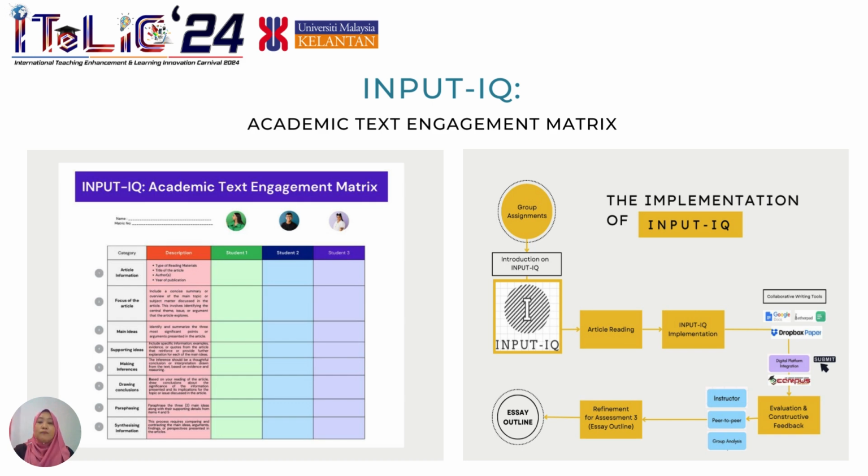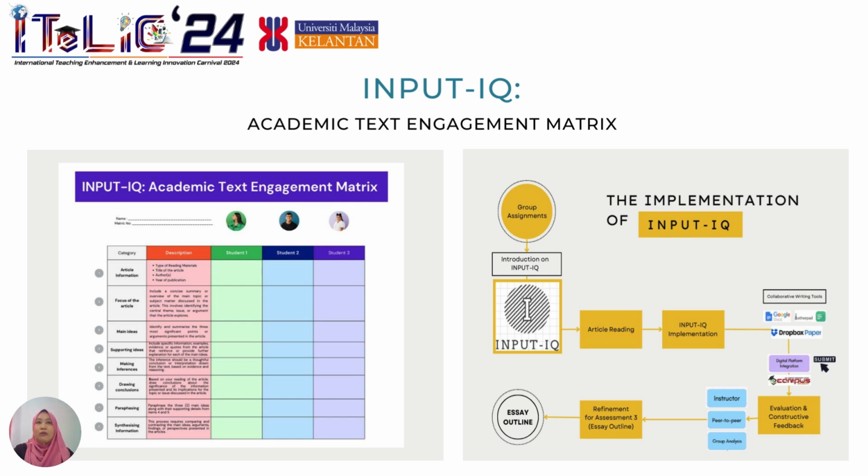In order to complete this metric, the students are advised to use any collaborative writing tools because they need to work together with their team members. In my class, the students use Google Documents. Once they are done completing the metrics, they submit these Input IQ metrics to the e-campus platform for evaluation as well as to receive constructive feedback from the instructors.